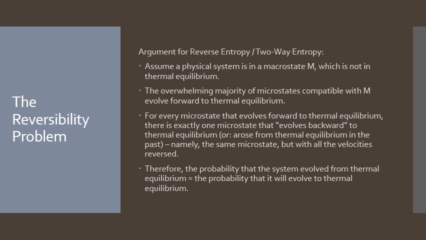And so, it looks like the measure of the states that arose from thermal equilibrium has to be equal to the measure of the states that evolve toward thermal equilibrium. So the probability that the system evolved from thermal equilibrium in the past should be equal to the probability that it will go to thermal equilibrium in the future.